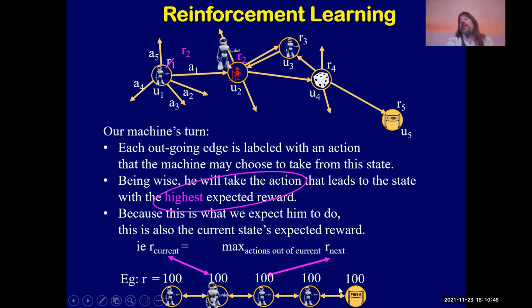Oh, right. So if you get here, then you will win, but you don't know how to get there, right? You don't get the 100 until you're here, so here he doesn't know which way to go. Yeah, but in a classical game, you know you won.